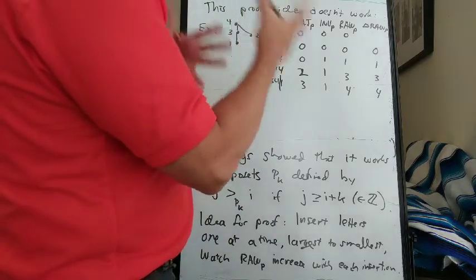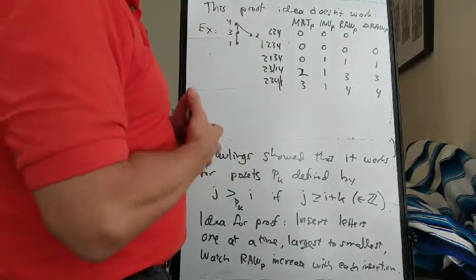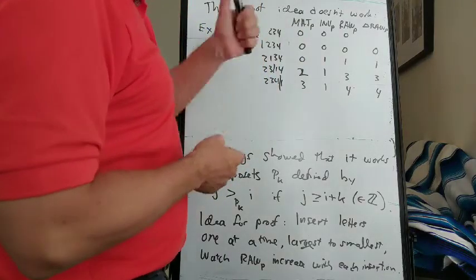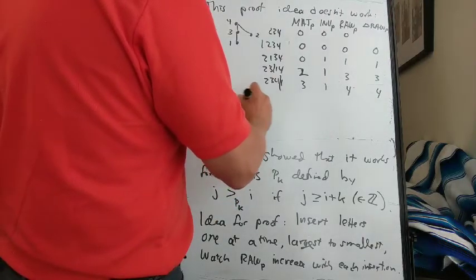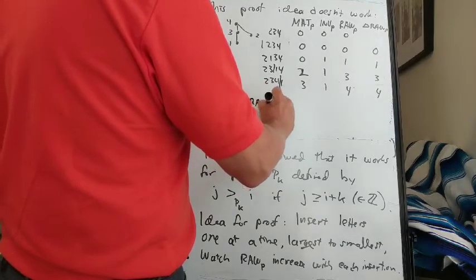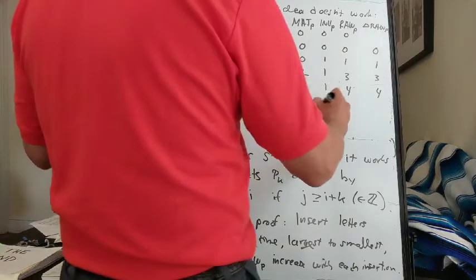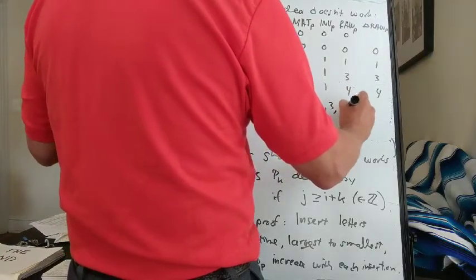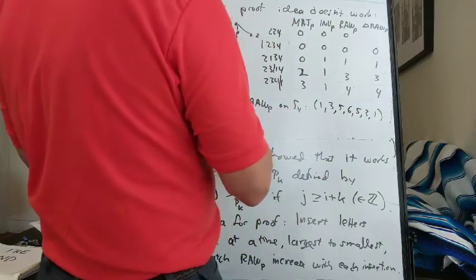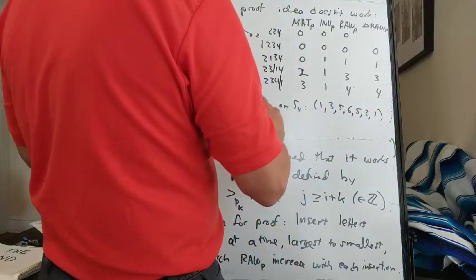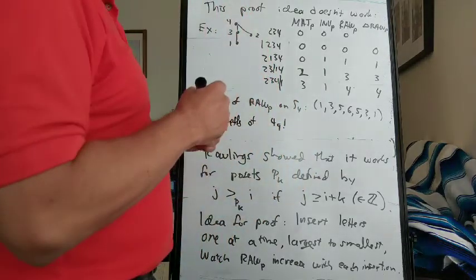And although it doesn't work out neatly right here, if we write down all 24 permutations and compute the Rawlings statistic, we get 1, 3, 5, 6, 5, 3, 1, which are the coefficients of quantum 4 factorial.